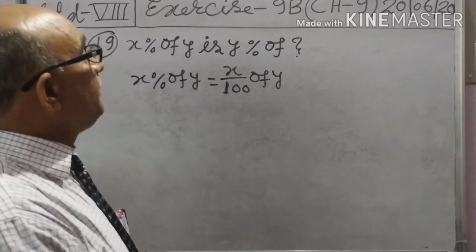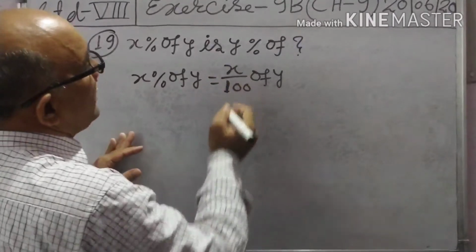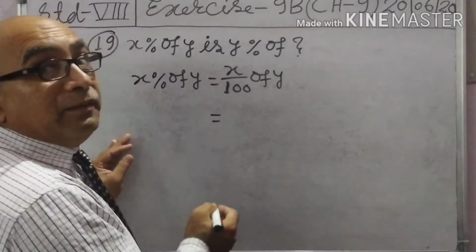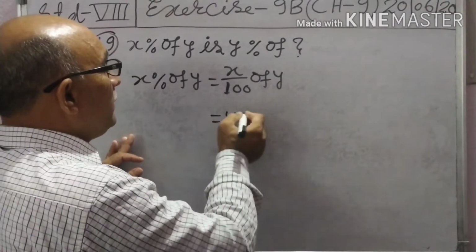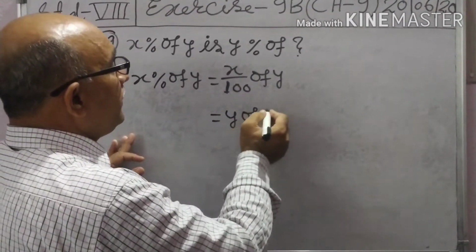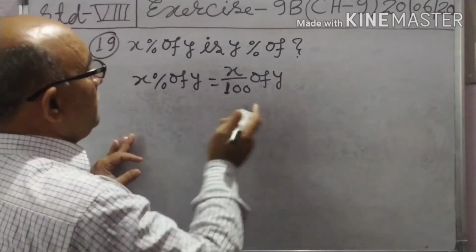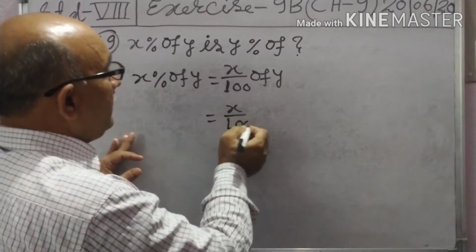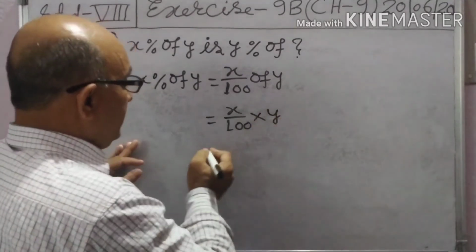Of means multiply. So x by 100, by transposition, by commutative law, of y equal to x by 100, of means multiply by.